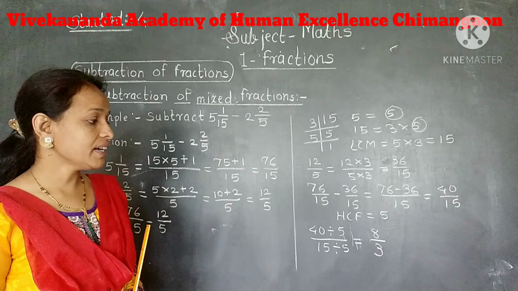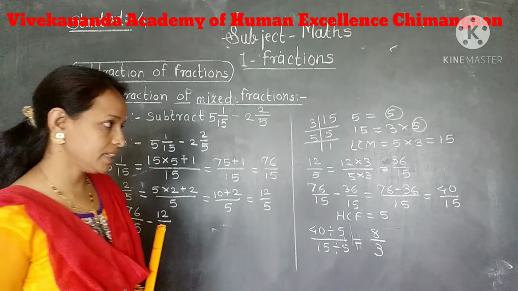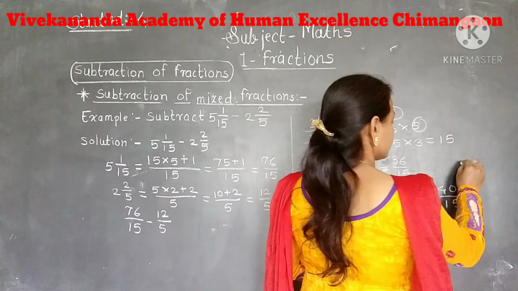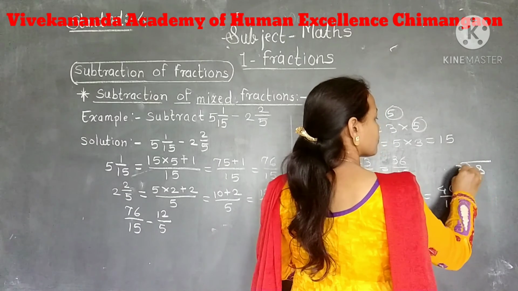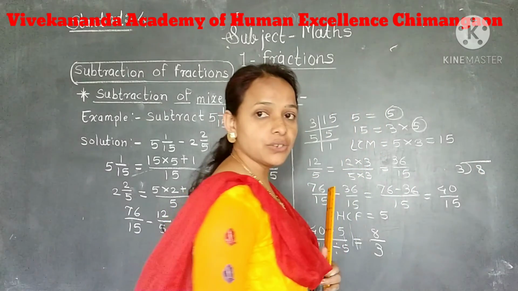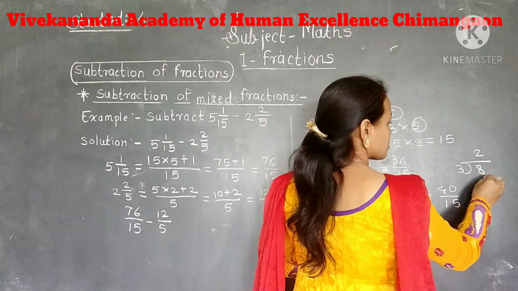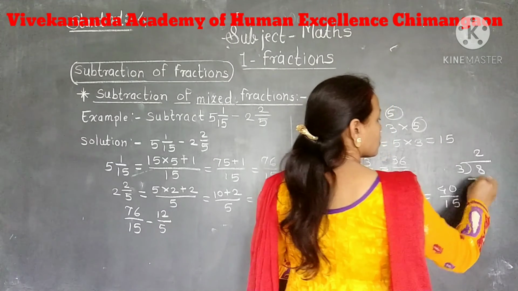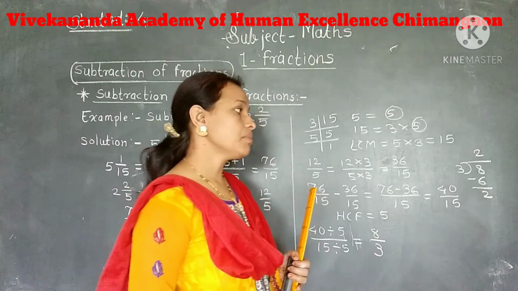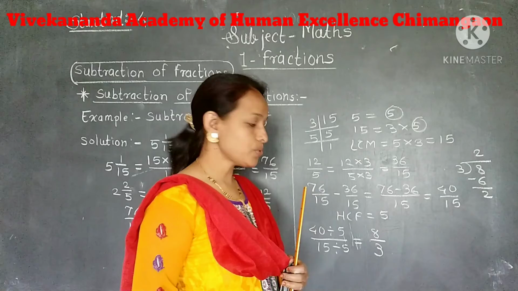Now, again we divide 8 by 3. 3 2s are 6. So look here student, we divide 8 by 3, we get 2 as the quotient and 2 as the remainder.